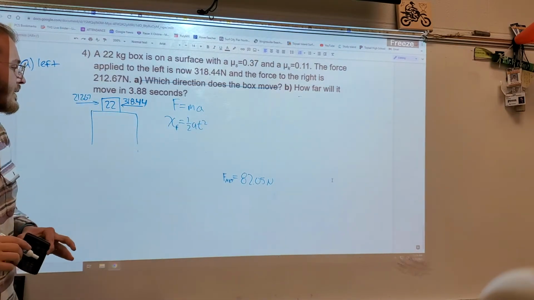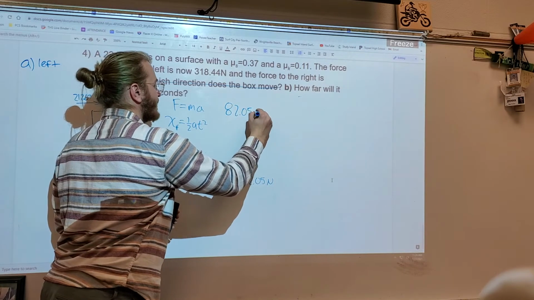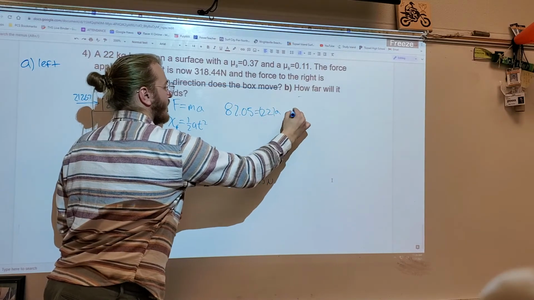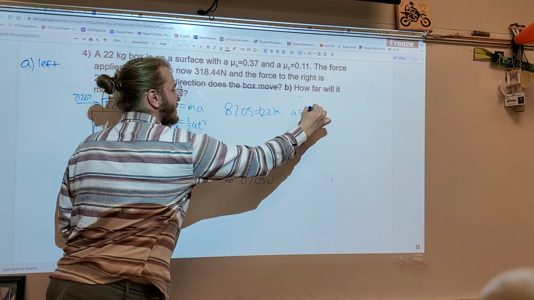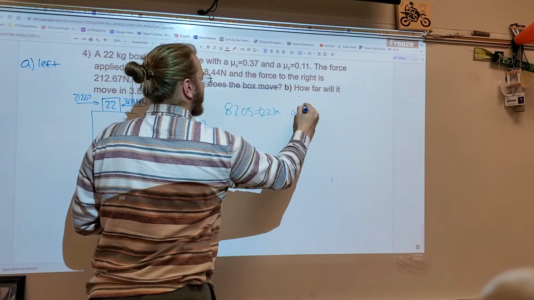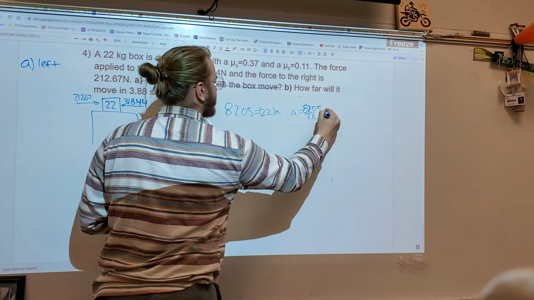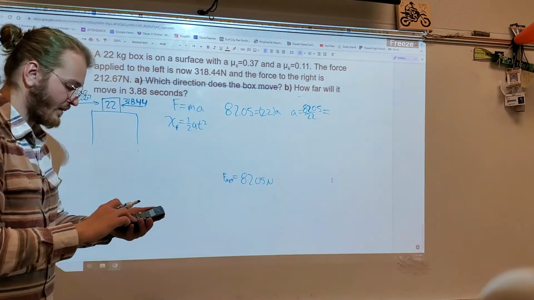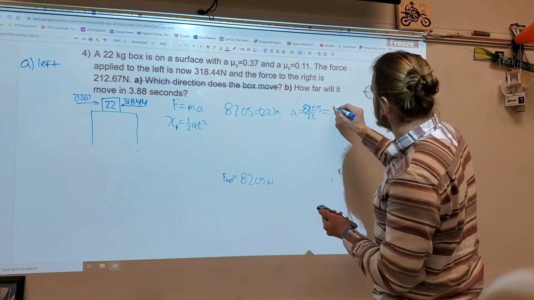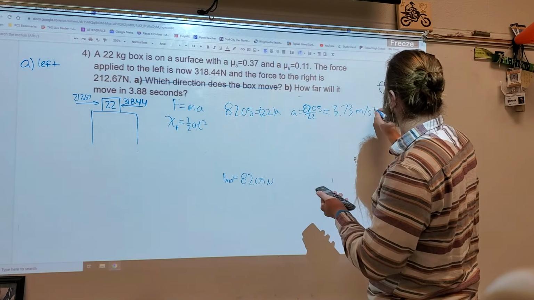Let's find A. 82.05 is equal to 22 times A. Our A is equal to 82.05 over 22, which is equal to 3.73 meters per second squared.